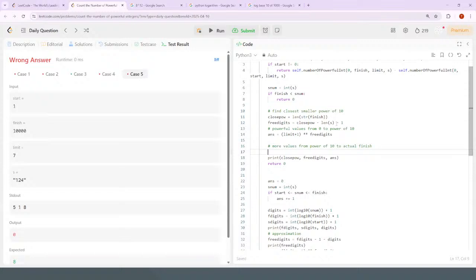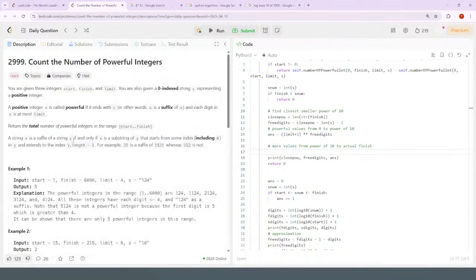So I think you could possibly construct those values. There's only going to be up to 10 values.